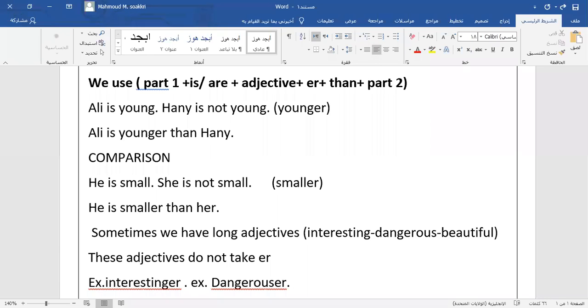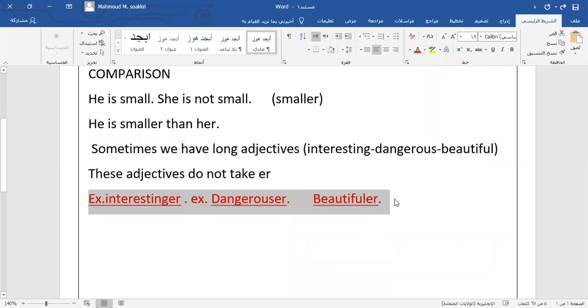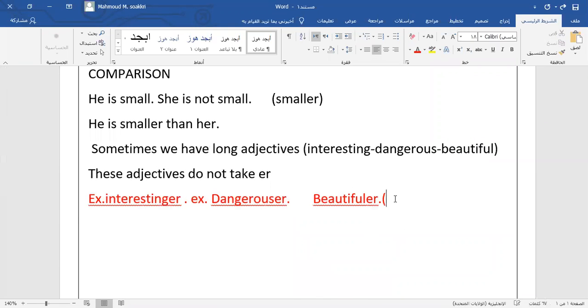I can't say beautifuler. All of these adjectives in comparison are wrong. We can't use them. They are wrong.